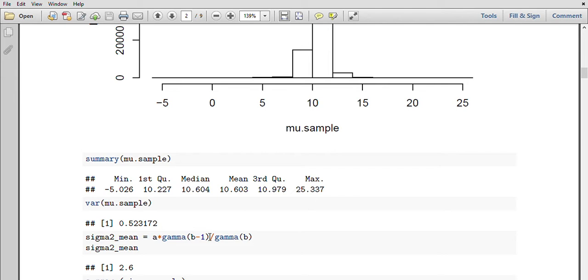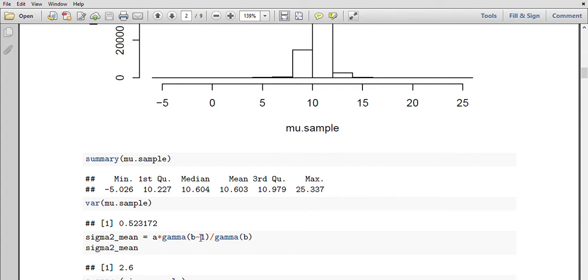We have the parameter exactly equal to 2. So for this inverse gamma distribution, variance does not exist. So we cannot compare the sample variance of sigma square with the population variance of sigma square, since the population variance doesn't exist. Instead, I have compared them with the quartiles.